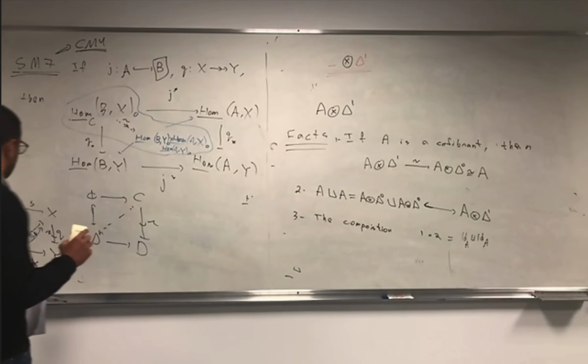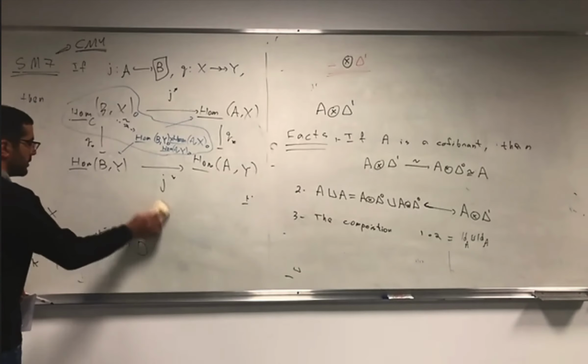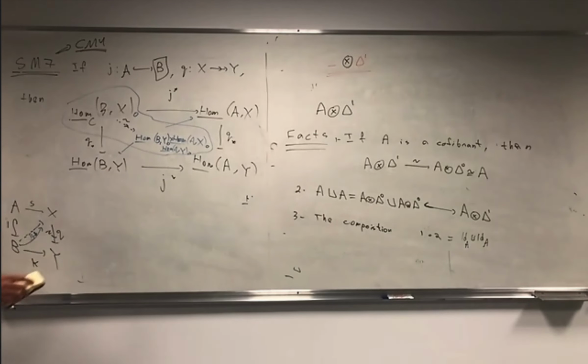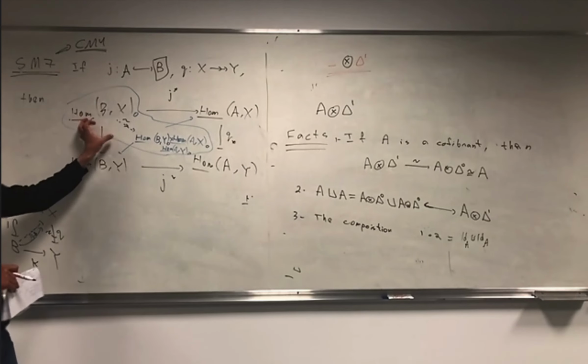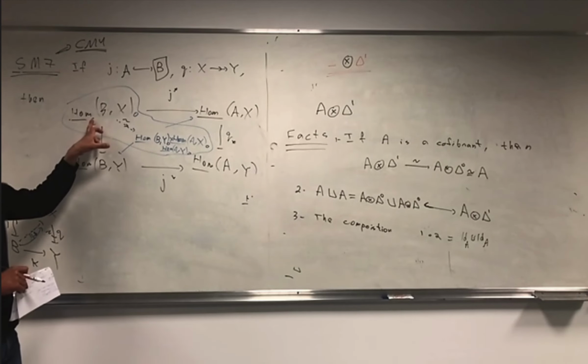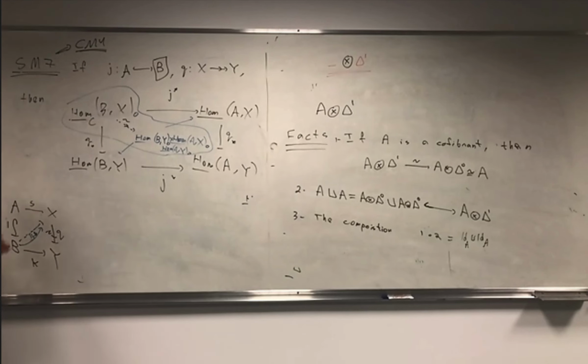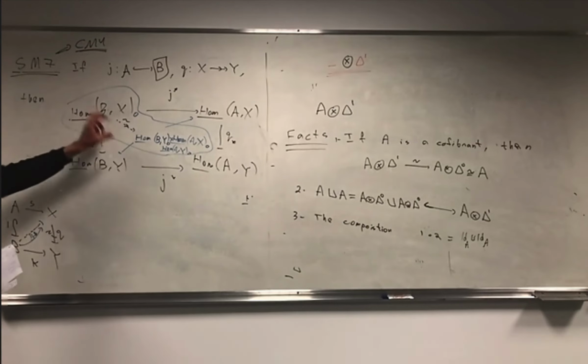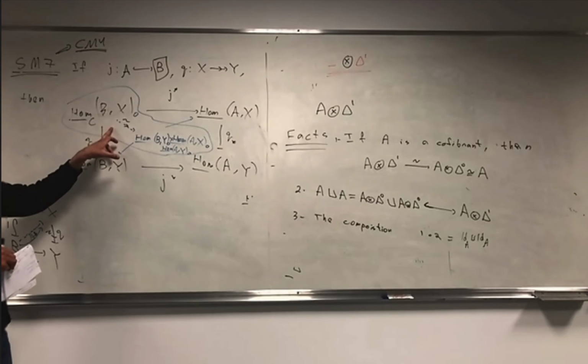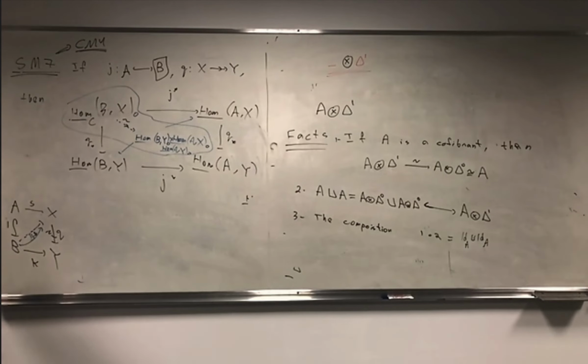Let's say that we have this map. When one of them is trivial, this map will be a trivial Kan fibration. So this is what we start with. Let me write this map.